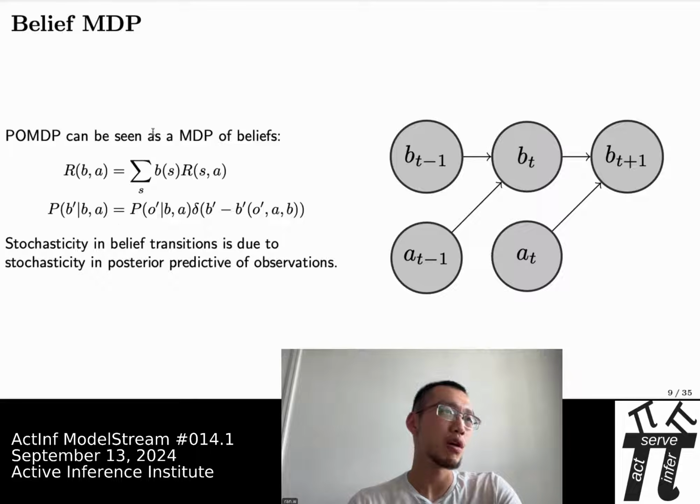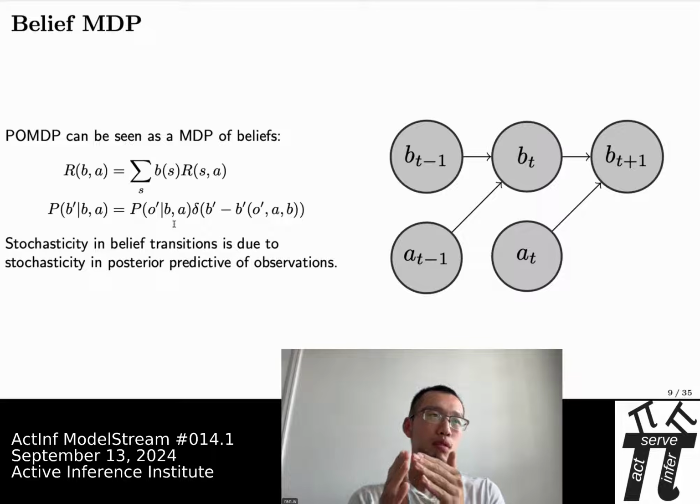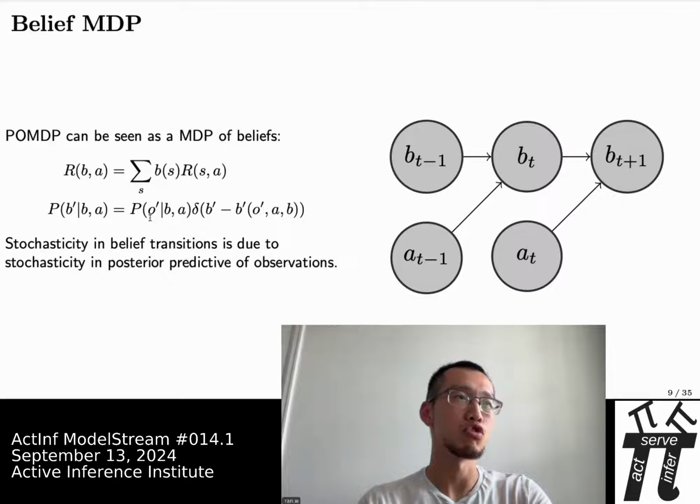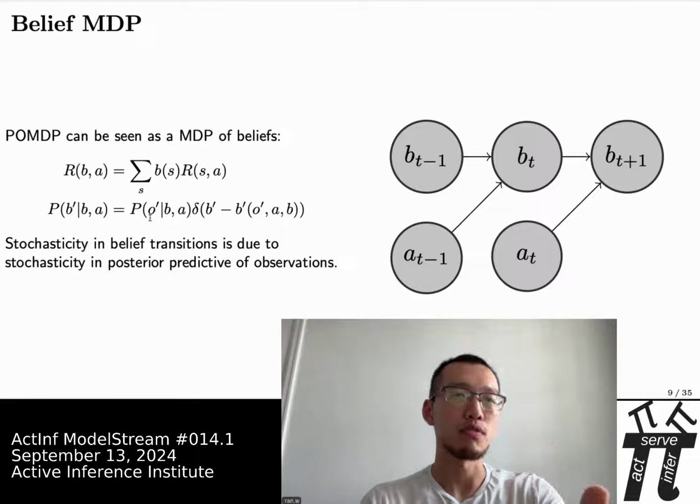And what's interesting about this belief MDP is how the belief transition dynamics is defined. So you can understand this by looking at these two terms on the right-hand side. This basically says that in order to transition the belief from one time step to the next time step to get B prime, the first thing you're going to do is to draw a future observation, or sometimes I call it counterfactual future observation, O prime, from the posterior predictive of the observation distribution under the current belief.